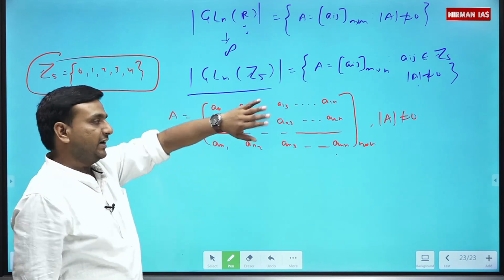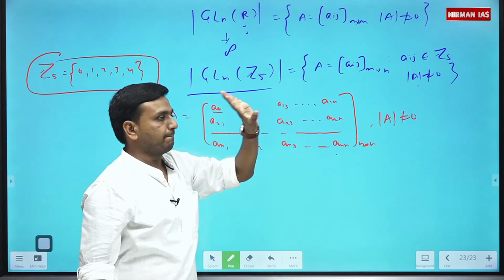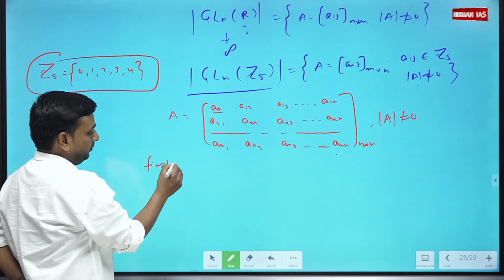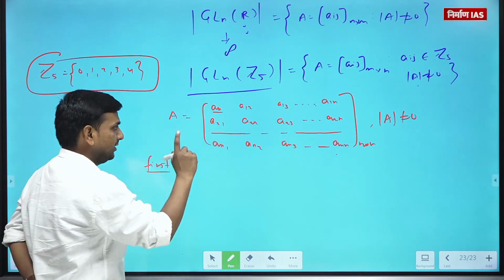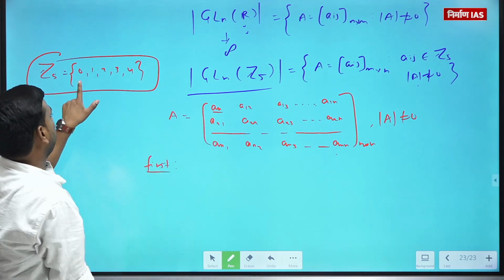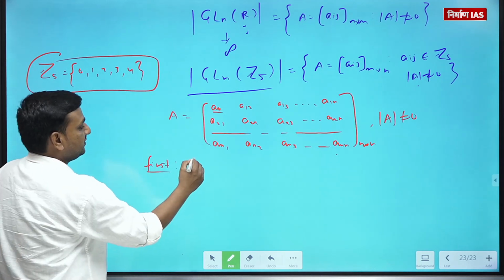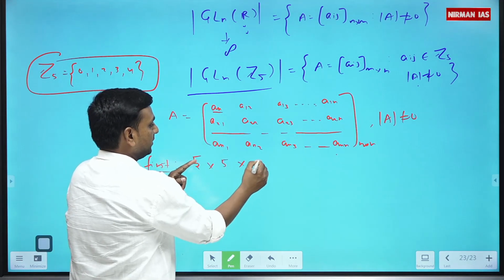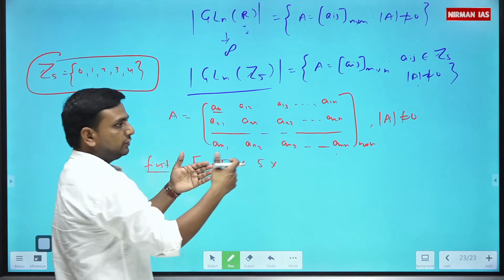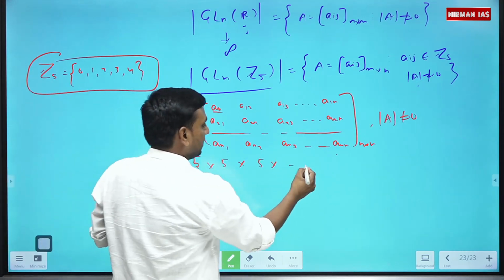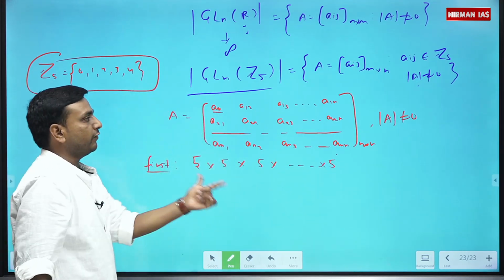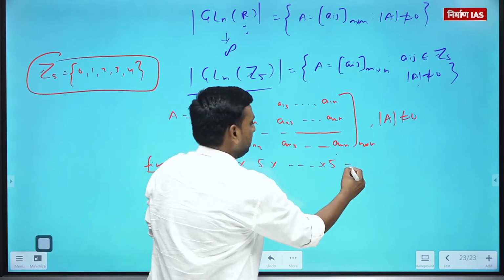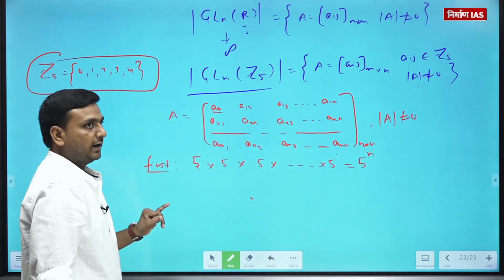So let's check for the first row. Dekhna, please be on the board for just 2 minutes. It will be very clear. A11 can have any value from 0, 1, 2, 3, 4. That means A11 has 5 choices. A12 has 5 choices. A13 has 5 choices, 0, 1, 2, 3, 4 में से कुछ भी हो सकता है. In the same fashion, this has 5 choices. So row 1 has total choices 5 raised to the power n.